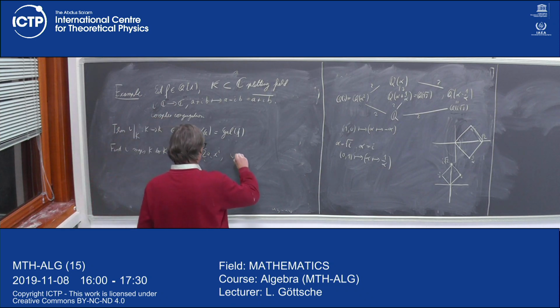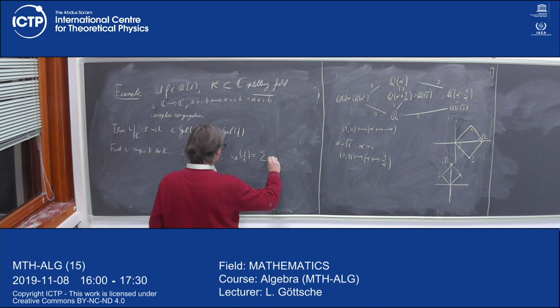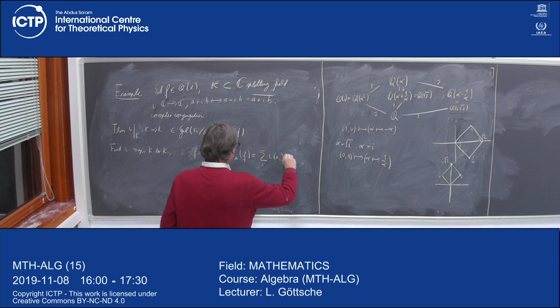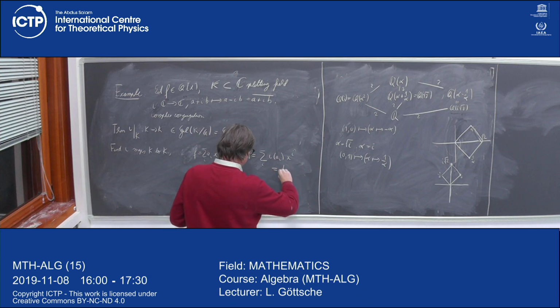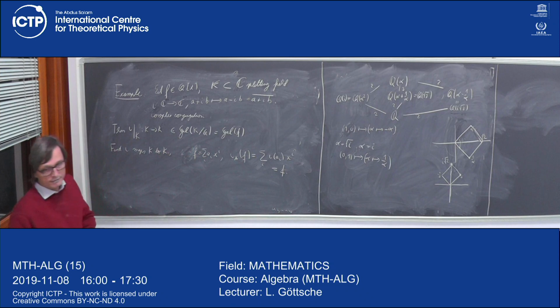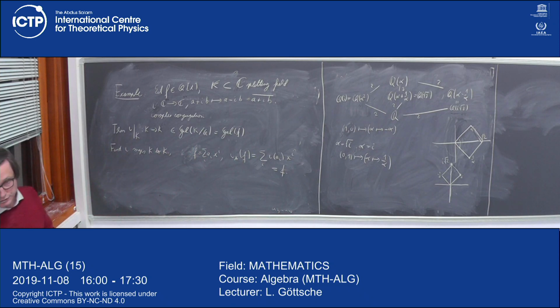Then iota star of f was defined as the sum over all i of iota of a_i times x^i. And obviously for our f, this is equal to f because the a_i are in Q, and so they are fixed by complex conjugation.